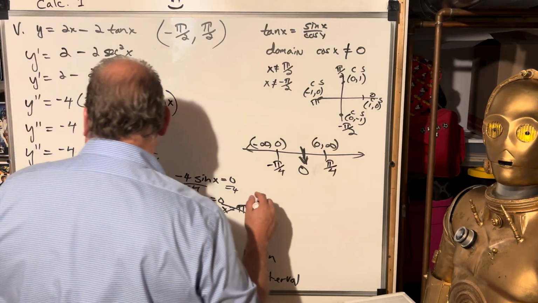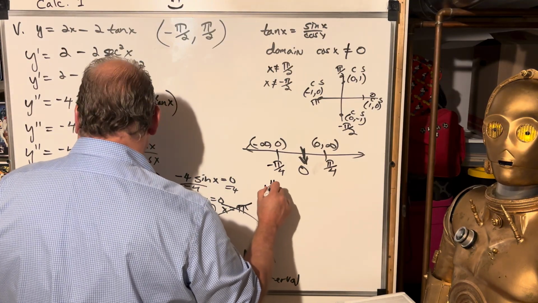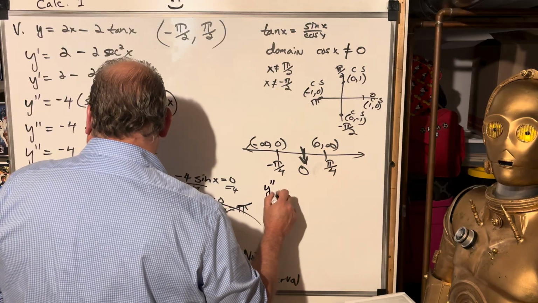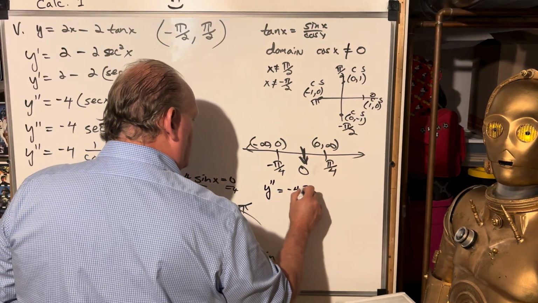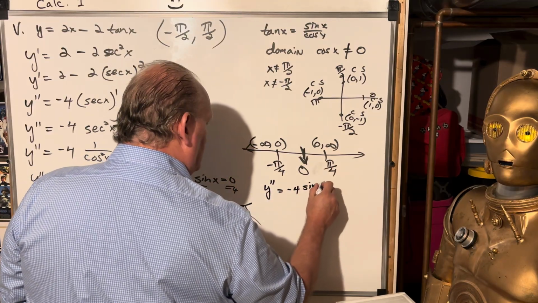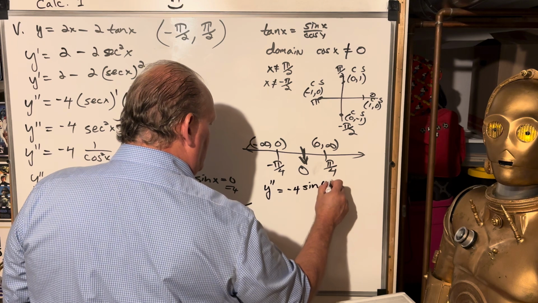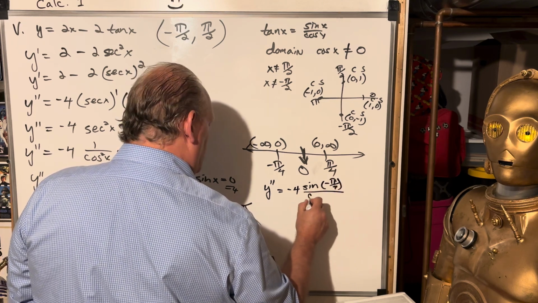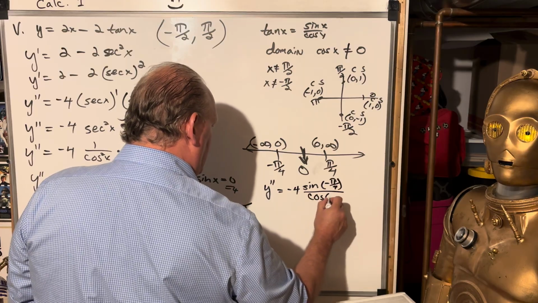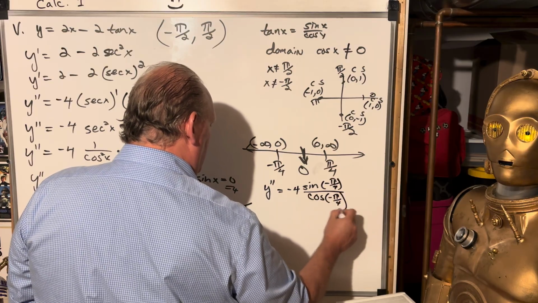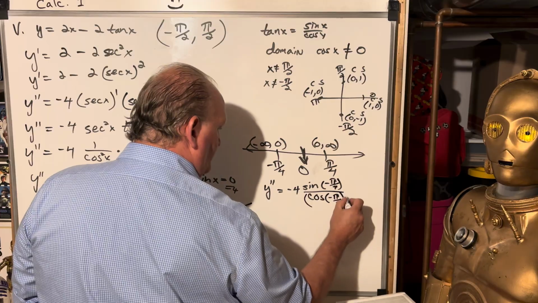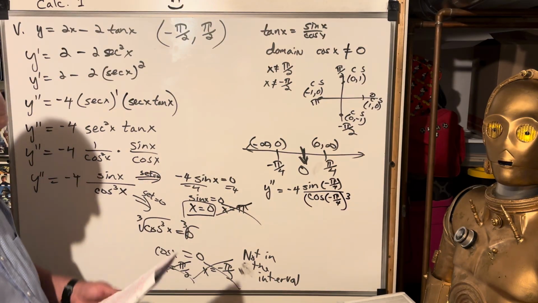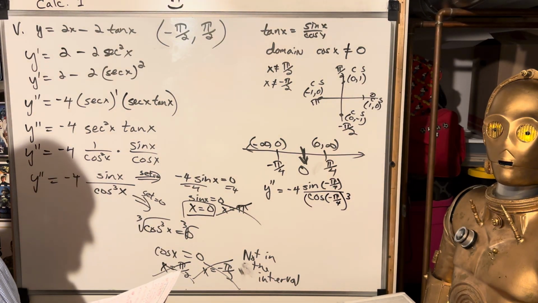So now let's put those in. We got y double prime is equal to -4 times the sine of -45 degrees, negative pi over 4, over the cosine of negative pi over 4 cubed. So remember pi over 4, that's the square root of 2 over 2, right?